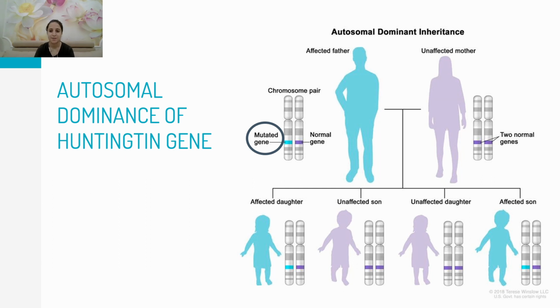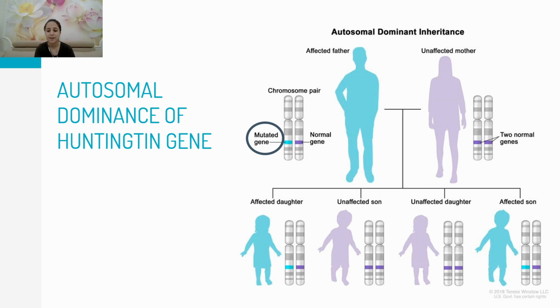The same is seen in the case of the third child, and the fourth child again inherits the mutated gene from his father and any one of the normal genes from his mother. So as you can see from the diagram, the first and the fourth child, who inherited the mutated gene, are affected and will be developing HD in later courses of their lives.